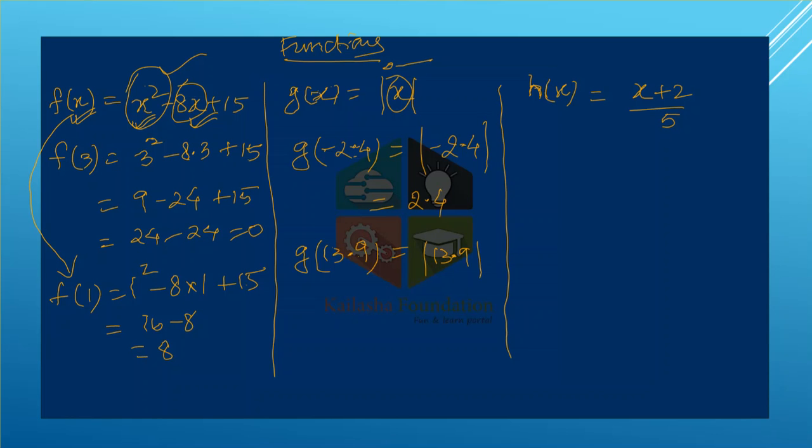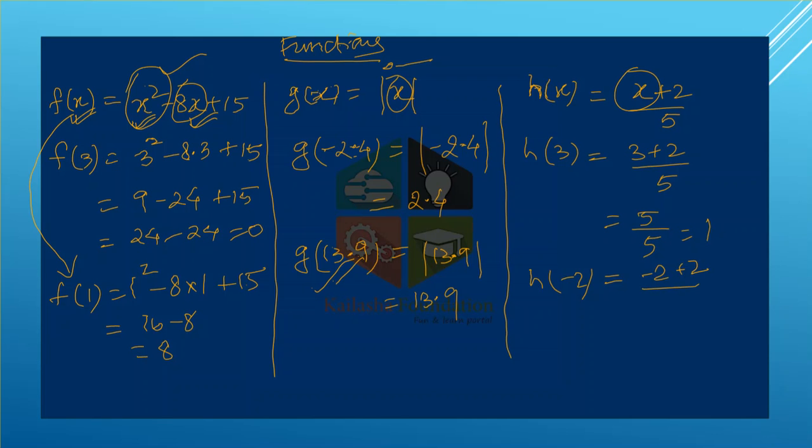X will be simply replaced by whatever is written here. So mod of 13.9 is again 13.9. If we write h3, then it will be 3 plus 2 by 5, that is 5 by 5, that is 1. If we write h of minus 2, then it will be minus 2 plus 2, x replaced by minus 2, 0 by 5, that is 0.